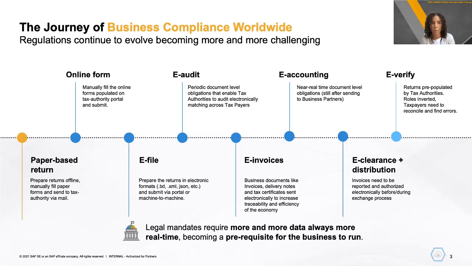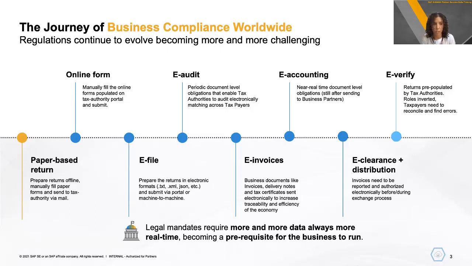If we look at the world now, it is completely the opposite. Most of the countries are no longer relying on aggregated data, which is the part we see here in the middle. Most of them have moved to electronic invoices or electronic accounting, which means electronic exchange of line item data. And most of them are taking it to the next level, which is clearance and what we call e-verify.